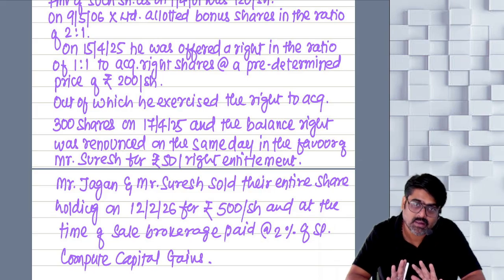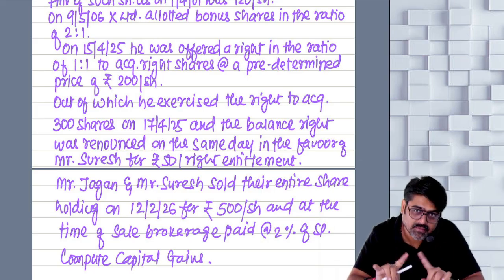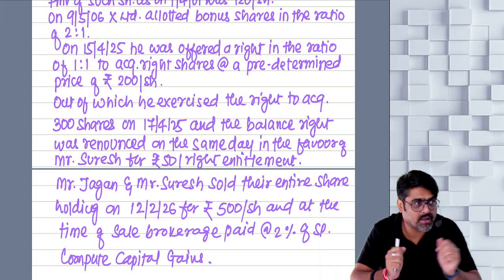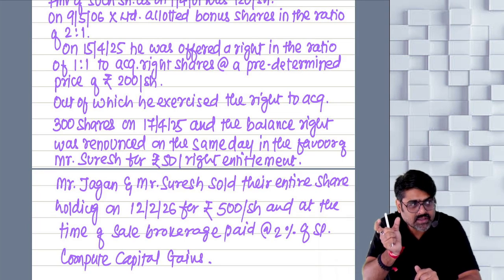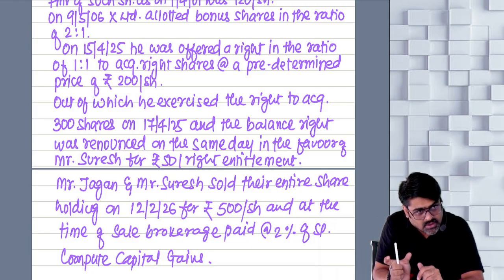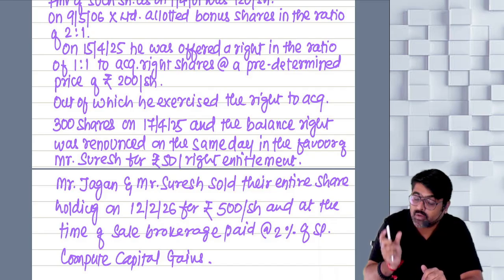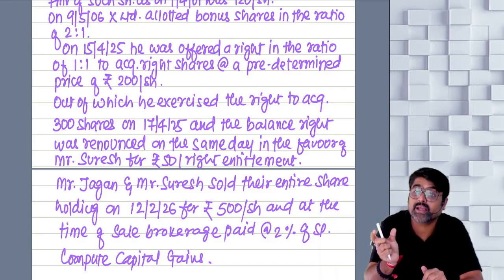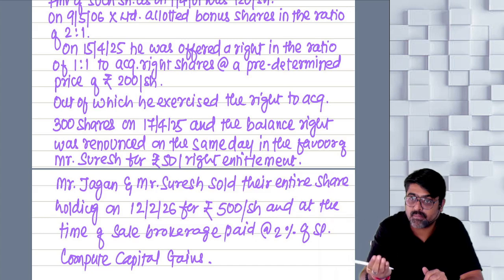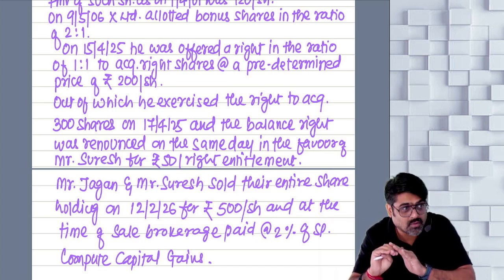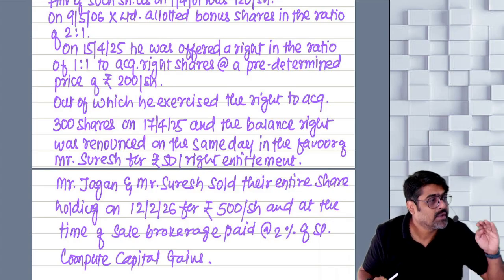Now what will be the period of holding of the right? From where to where? From the date on which the right is offered. So in the case of a right entitlement, the period of holding will start from the date when the right is offered, and it will end on the date of renouncement.